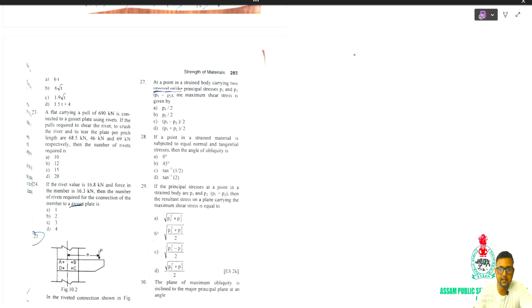At a point in a strained body carrying unequal, unlike principal stresses P1 and P2, the maximum shear stress is given by, see, a formula you always have to remember.